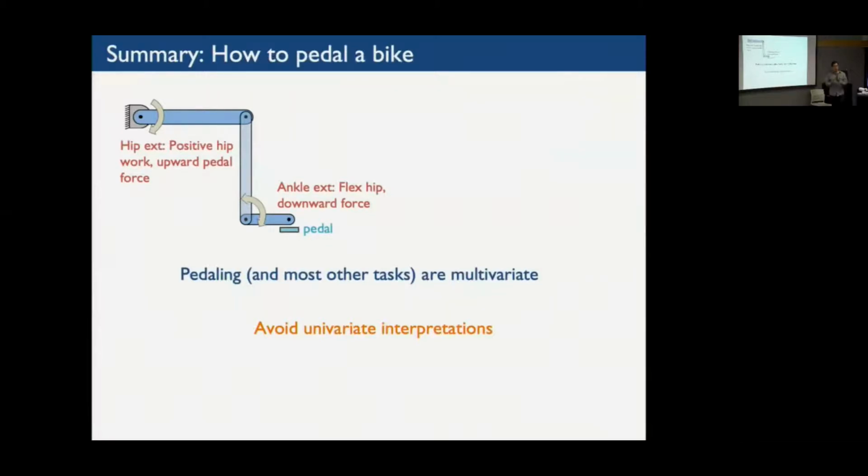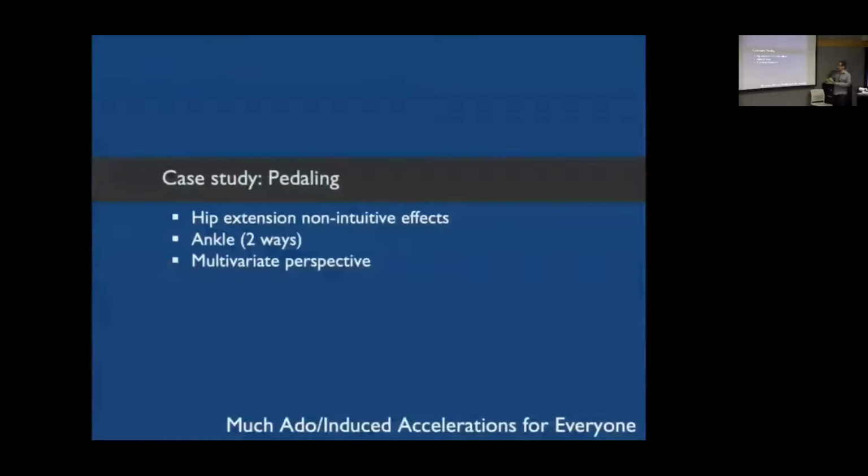That's a univariate interpretation. Okay, and then watch out for model dependencies, where just by deciding whether a joint exists or not, you have a sign flip. If you do have that, maybe you're asking the wrong question. Okay, so that was our case study of pedaling.